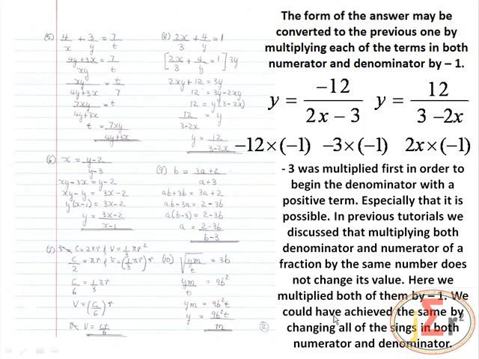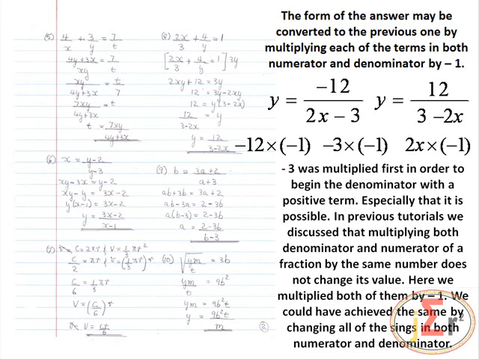We could have achieved the same thing by changing all of the signs in both numerator and the denominator. So we could have achieved that by just saying, alright, change this sign to a positive, change this one to a negative, change this one to a positive, and that's all there is to it. So that is the interface of it, that all of the signs are changed.